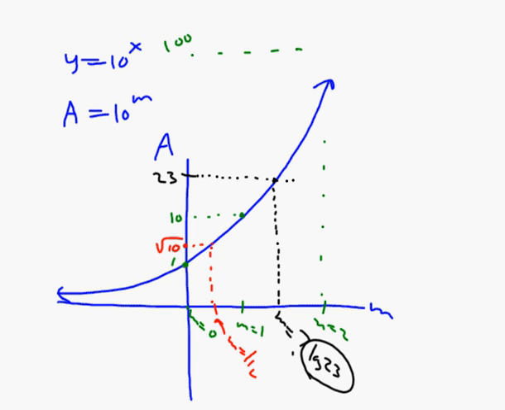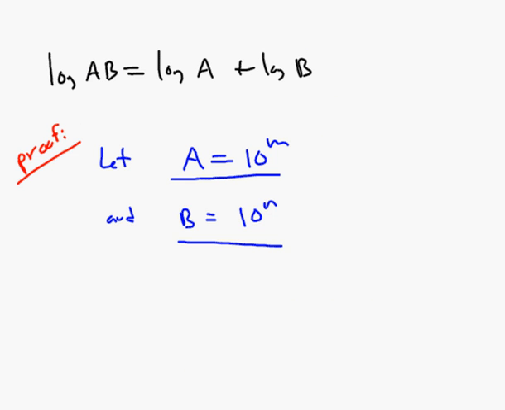So what this graph is showing me is that I can basically get any positive value of A back at all, because if you look at the blue graph, and we trace over it in black now, it's completely above the x-axis. So for any value of A we pick, we could trace back to a point on the m-axis. That would work. So that sort of shows us that this statement is okay to make. I can say, hey, A is 10 to some power.